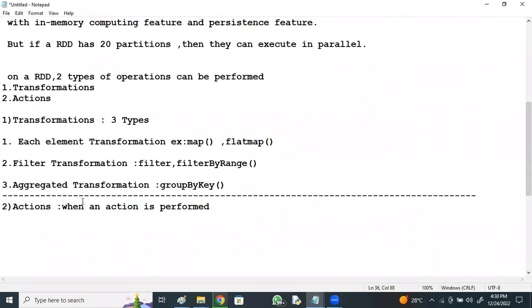When an action is performed on an RDD, then only the data flow will be executed.